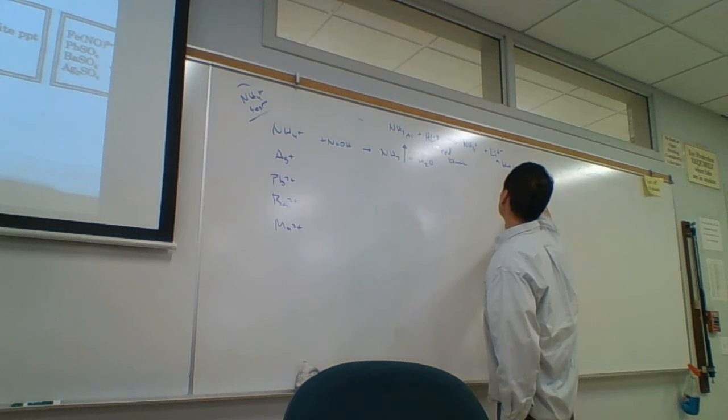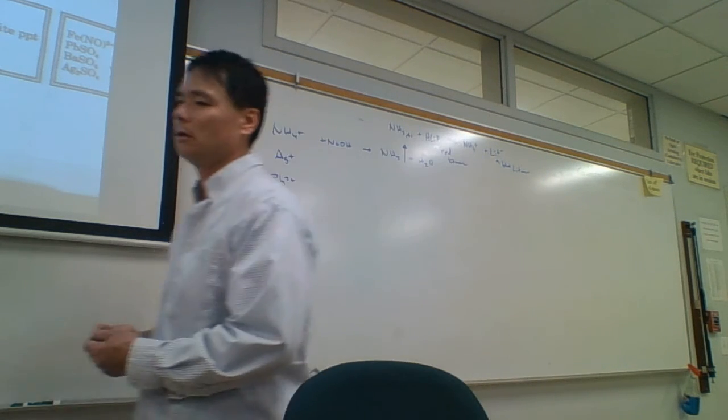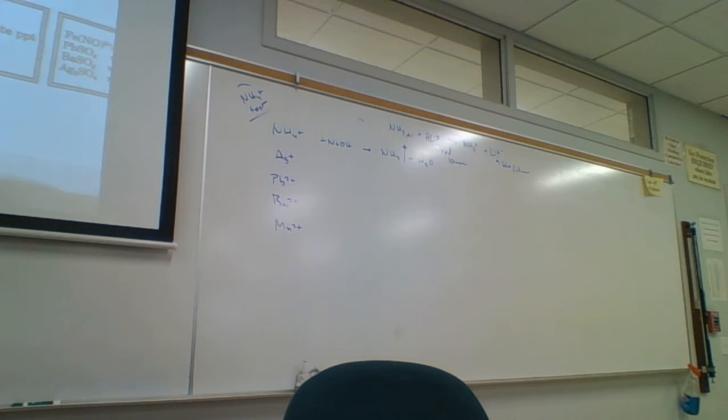There's actually a formula for this, but we're not writing it all out. It's an organic acid, so the formula's a bit more involved. Anyway, that's what's happening in that particular reaction.